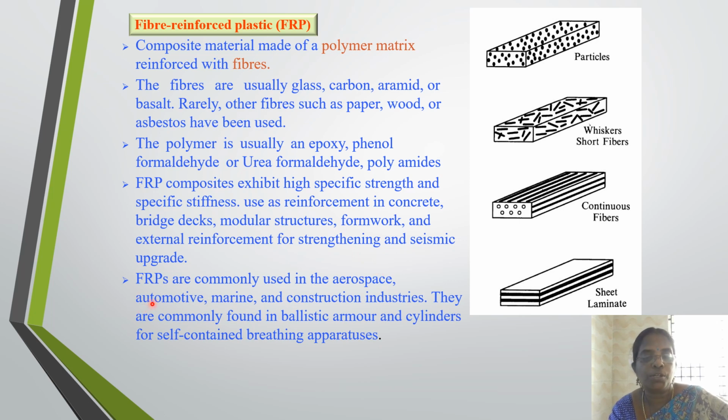Automotive, marine, construction industry, corrosion resistant but strong enough. They are commonly found in ballistic armor and cylinders for self-contained breathing apparatus. So lightweight, so that we can carry the cylinders.